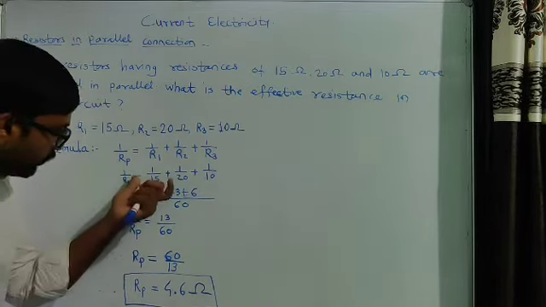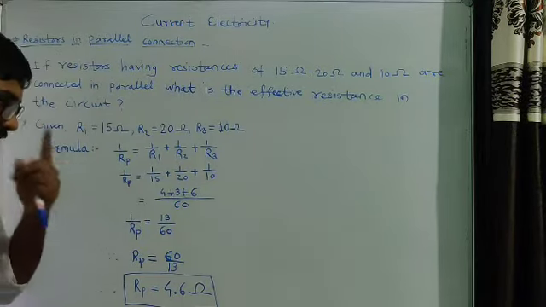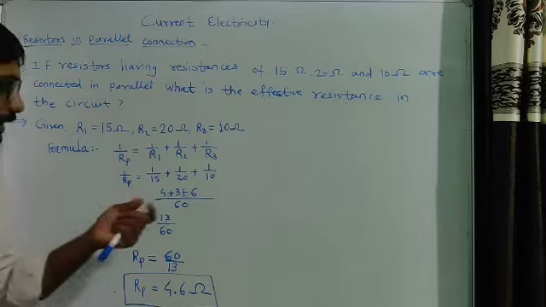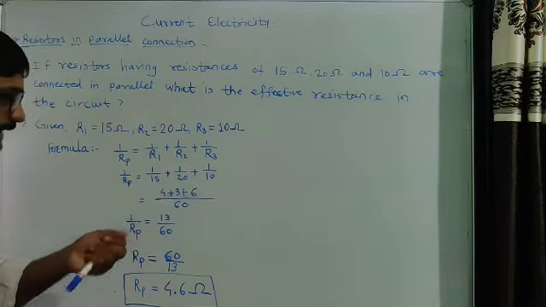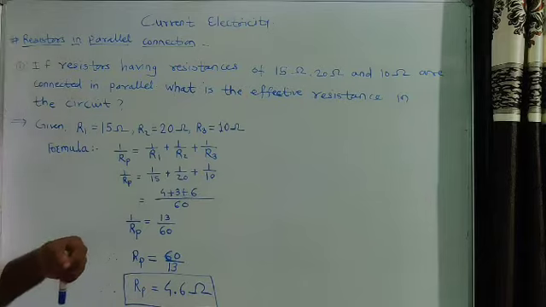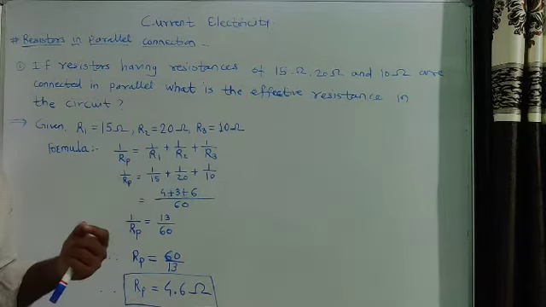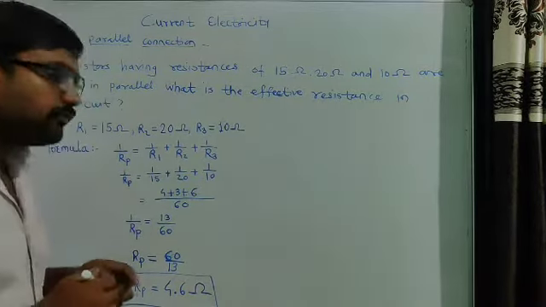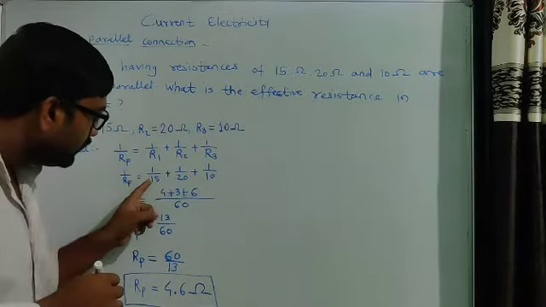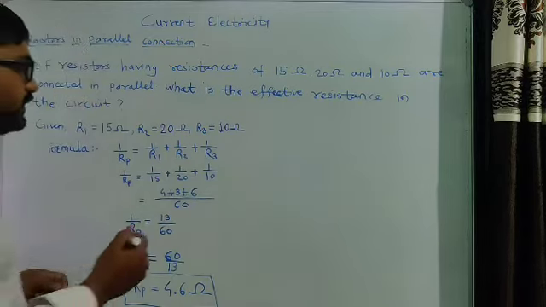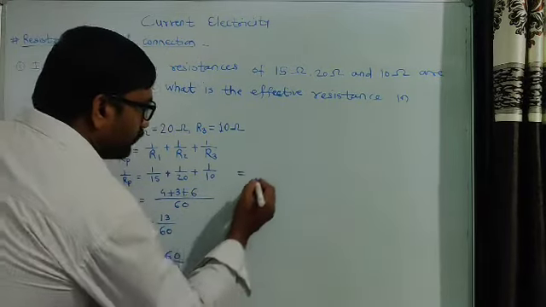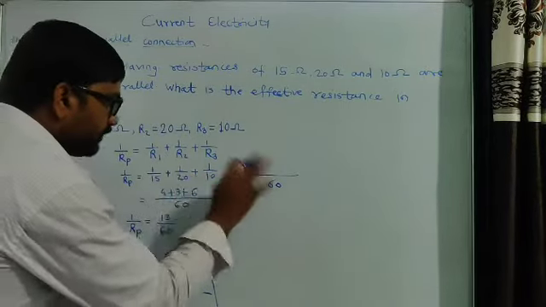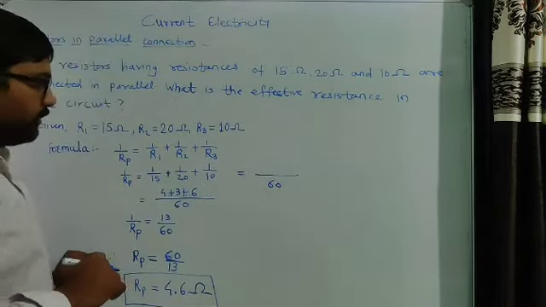Here the denominator is not the same, so we have to calculate the LCM, least common multiple, of all these three terms, and 60 is the LCM of all three. So 60 will be the common denominator.